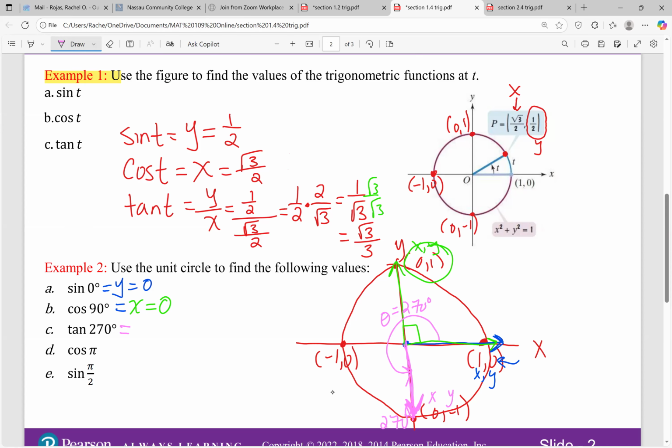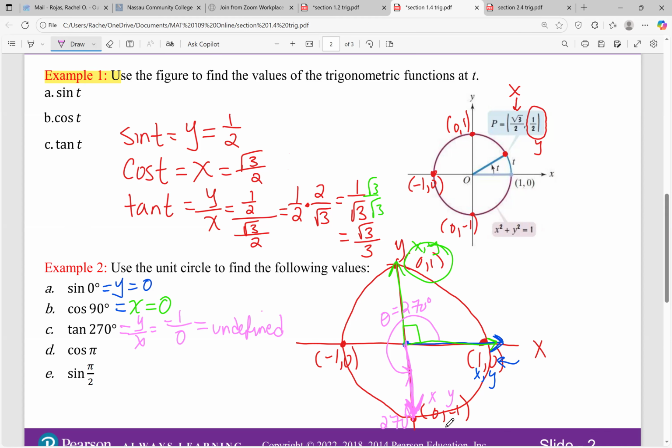And tangent is equal to y over x. So the tangent of 270 degrees is going to be y over x, where y is -1 and x is 0. And we can't divide by 0, right? So the tangent of 270 degrees is undefined.